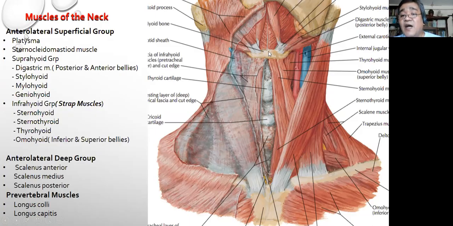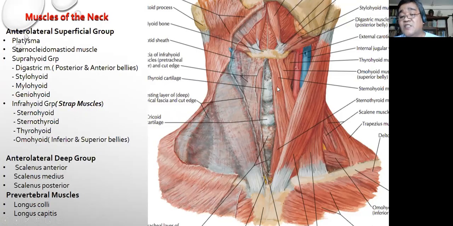And below the hyoid bone, you have what is known as the infrahyoid muscles. This is a series of long rectangular muscles that appear like leather straps. That's why they are known as strap muscles. They are made up of your sternohyoid muscle, the omohyoid, specifically the superior belly of the omohyoid.